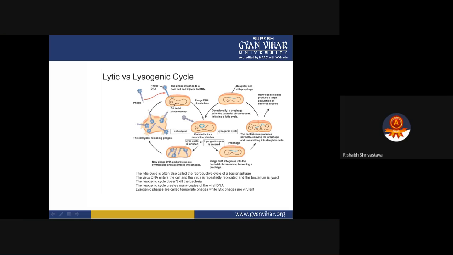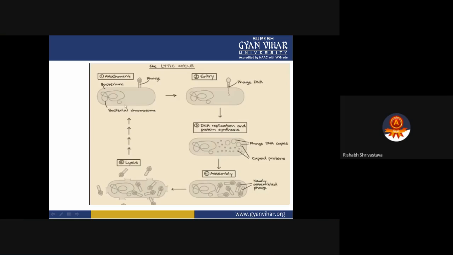And then it is going to lyse the cell, causing the cell to burst open, allowing all the newly assembled phage particles to release into the environment. Once in the environment, each new phage particle can go and attach to a new, different bacterial cell.